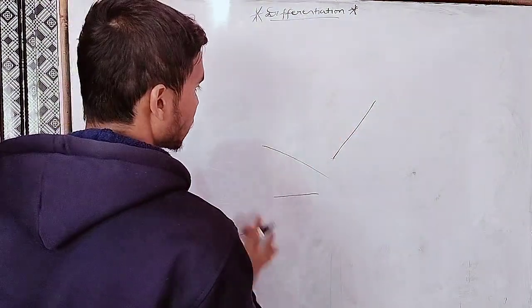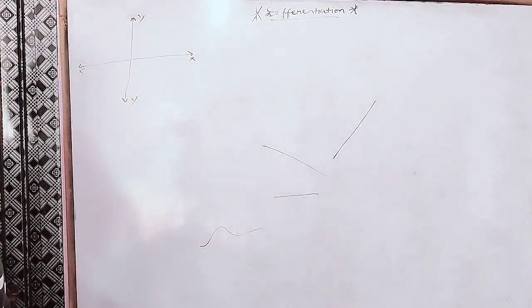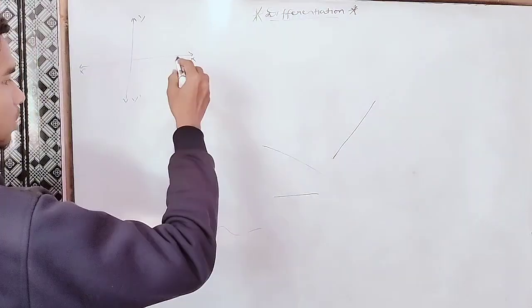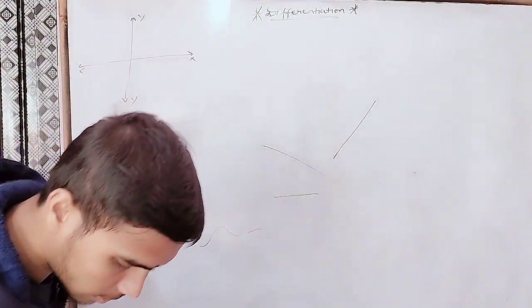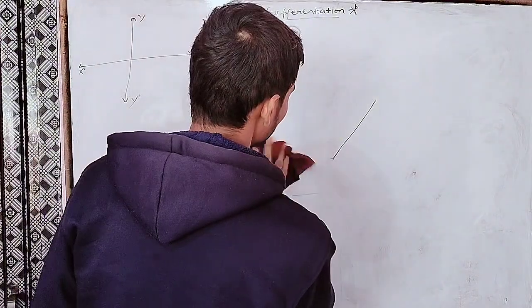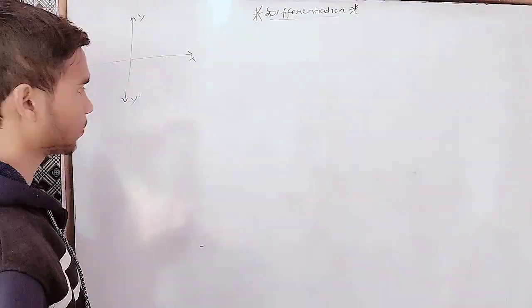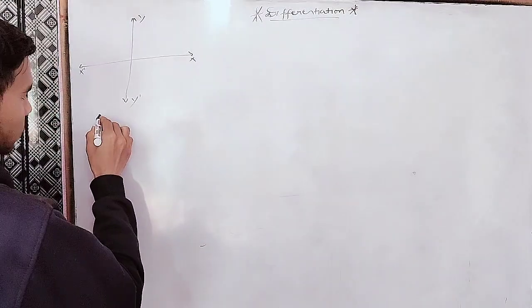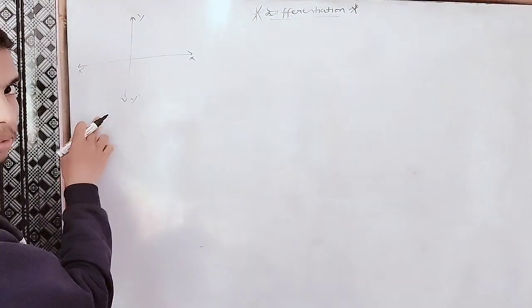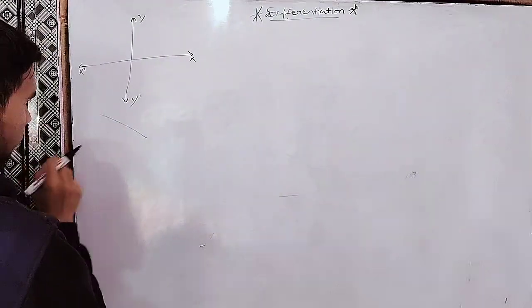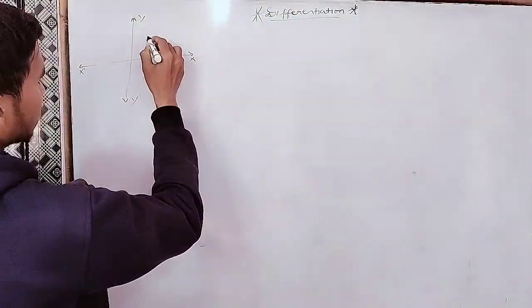Similarly, by using this we can easily understand. If our slope is like this, our object is starting from here.